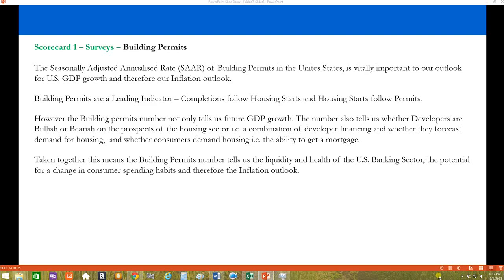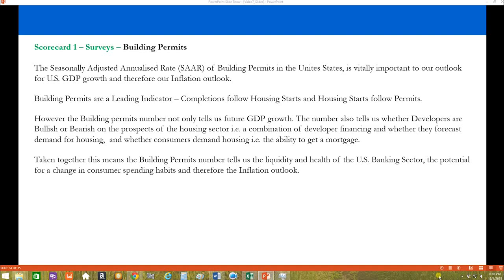So if they demand housing, then it probably means that the ability for them to get a mortgage is higher. Therefore, the loan environment is better. It gives you a good barometer of the health of the US debt market, so the liquidity in the banking sector. And that in itself is very important for the overall economy. So taken all together, this means that basically the building permits number is giving you an insight into the health of money itself.